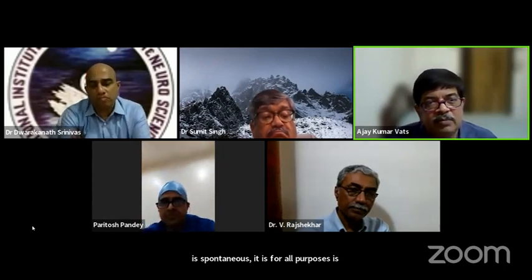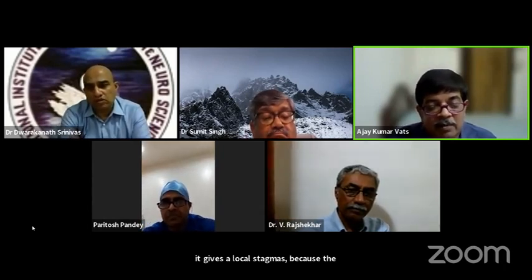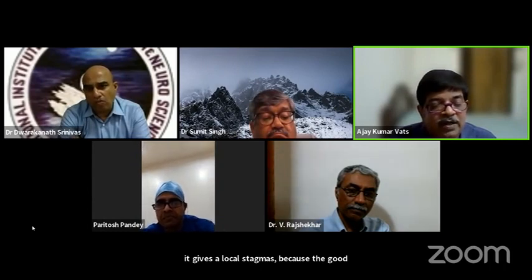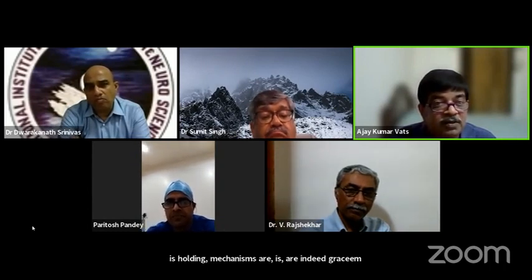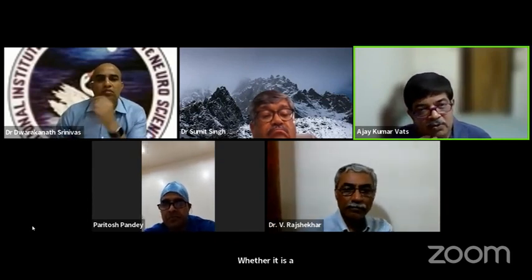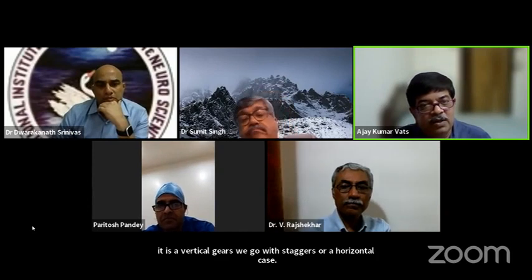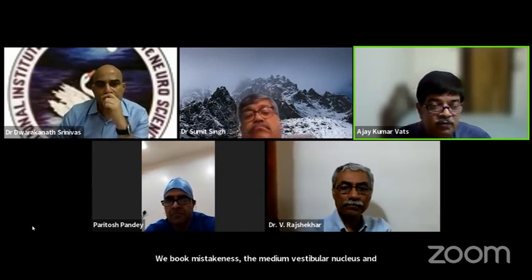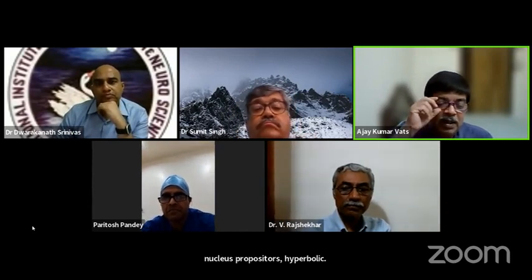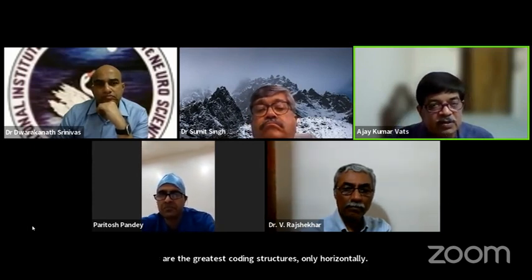A gaze-evoked nystagmus, because the gaze-holding mechanisms are in the brainstem, whether it is a vertical or a horizontal gaze-evoked nystagmus, the medial vestibular nucleus and nucleus prepositus hypoglossi are the gaze-holding structures for the horizontal gaze. So if you get a gaze-evoked nystagmus, it is almost a central nystagmus.